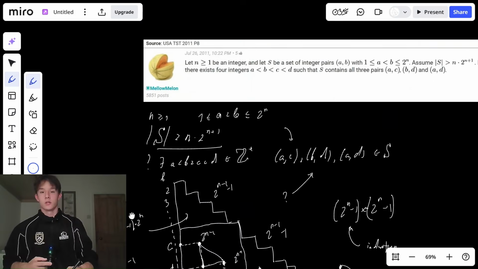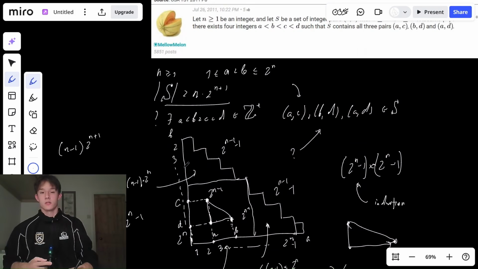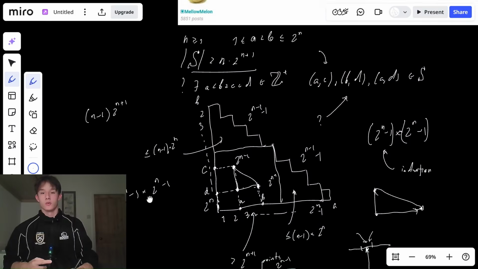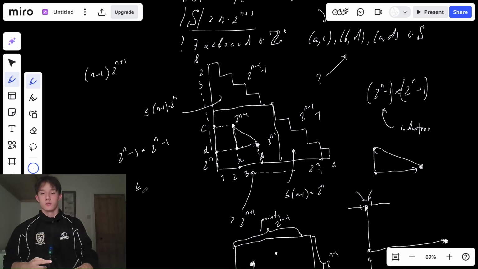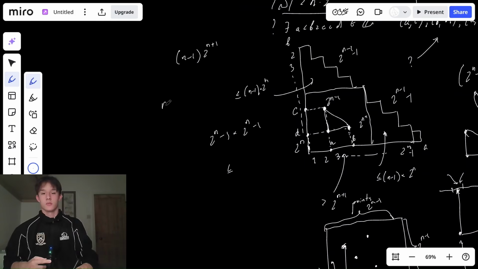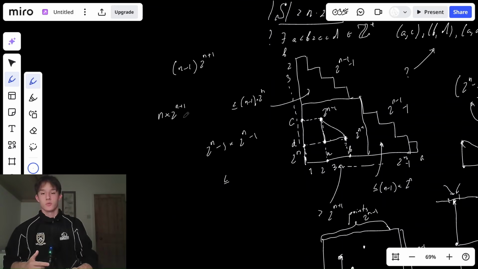We applied the induction for each of these staircases. So we applied that there's less than this amount of tiles. We wanted to show that inside the square there was a total, the total we wanted to show is greater than n times 2 to the power of n plus 1. And here was n minus 1 times 2 to the power of n times 2, which gives us n minus 1 times 2 to the power of n plus 1.